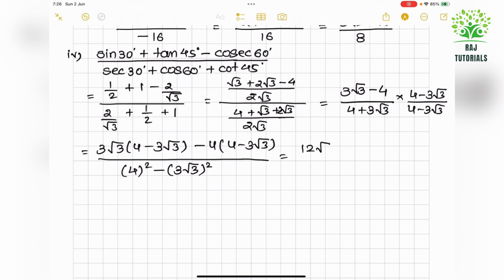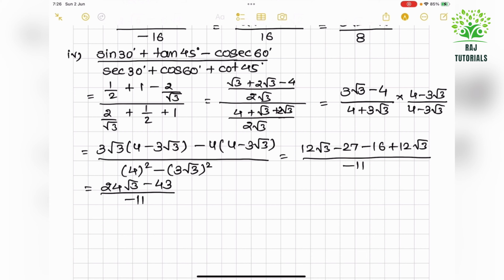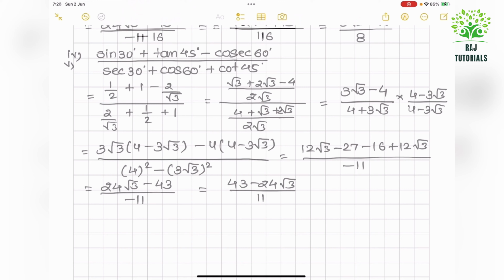So this will come to 12 root 3 minus 27 minus 16 plus 12 root 3 upon minus 11. So 12 root 3 and 12 root 3 will be 24 root 3 minus 43 upon minus 11. So if I take minus sign up, this will become 43 minus 24 root 3 by 11.